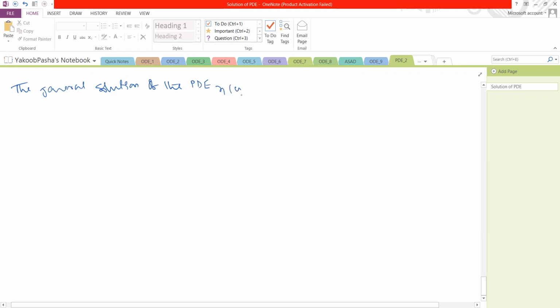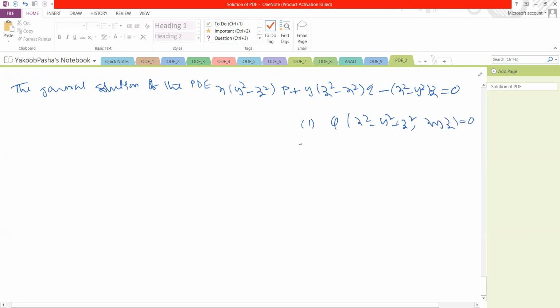The general solution of the PDE x(y² − z²)p + y(z² − x²)q − (x² − y²)z = 0. We have four options. First option, phi of (x² − y² + z², xyz) = 0.